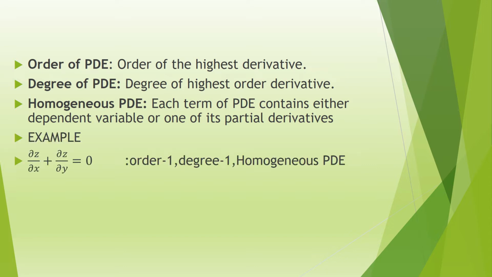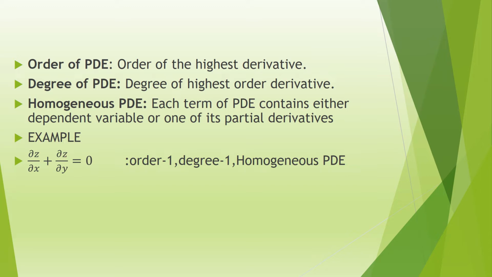Look at the first example. Dou z by dou x plus dou z by dou y is equal to 0. What is the order here? Dou z by dou x as well as dou z by dou y are first order derivatives, so its order is 1. What is the degree?